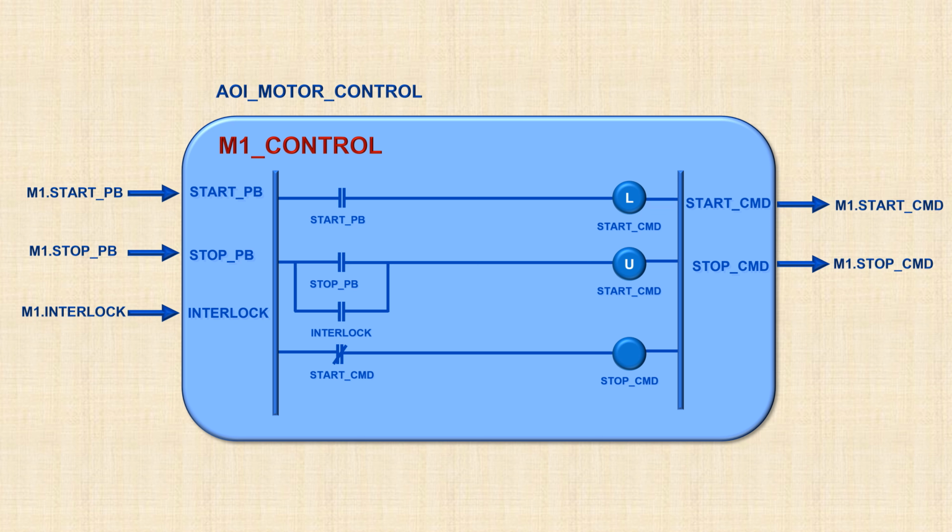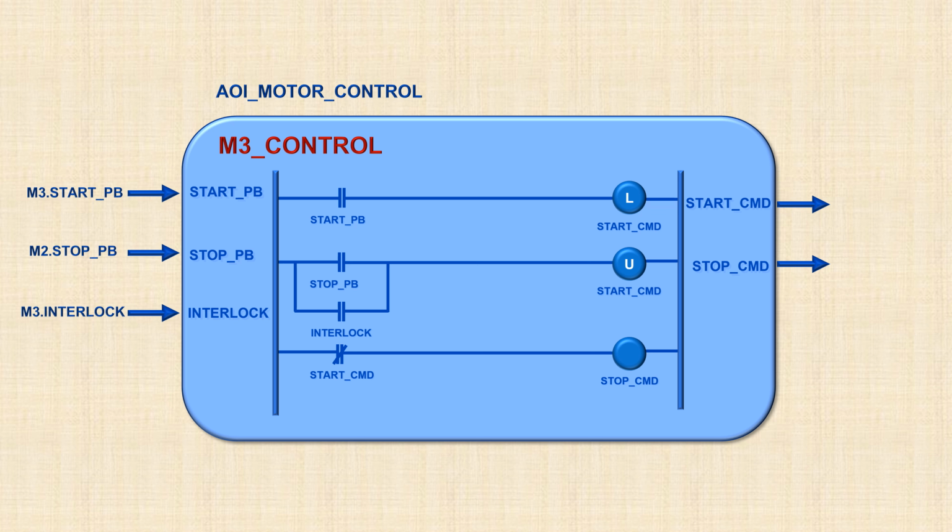This greatly simplifies the connection process as each UDT corresponds with an AOI of the same motor. Using consistent naming schemes will make logic better organized. This is how we will connect and use M2 UDT with M2 AOI.